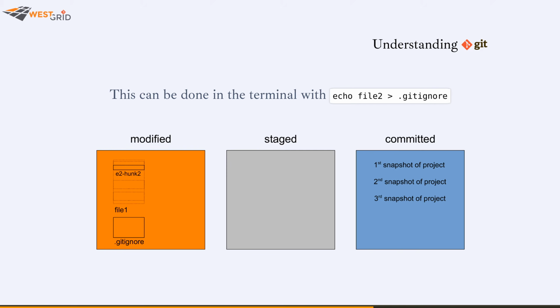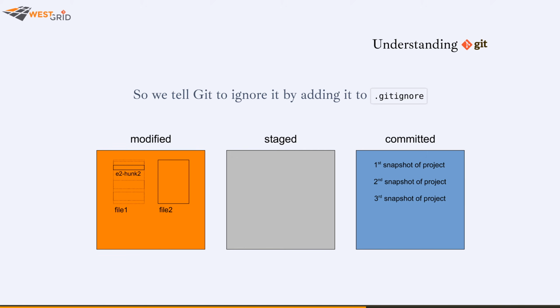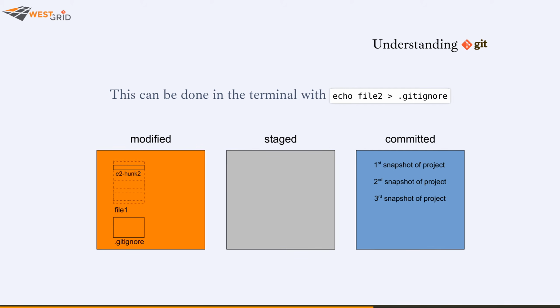So from the command line, for instance, you could simply do echo file2, file2 being the name of that file we want to ignore, and send that to our .gitignore. So I'm going back. We have file2 as a modified file. If I'm running this echo file2 and sending it to a .gitignore file, file2 doesn't disappear obviously, but Git doesn't tell us anymore that it's a modified file.